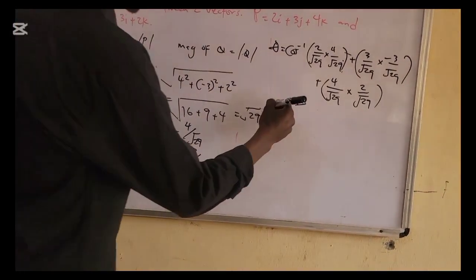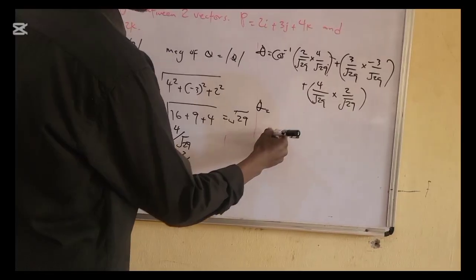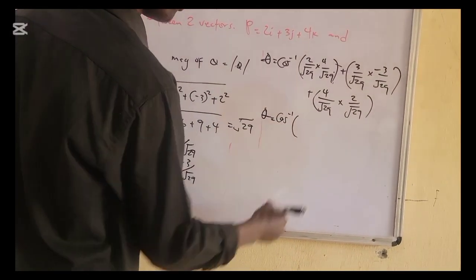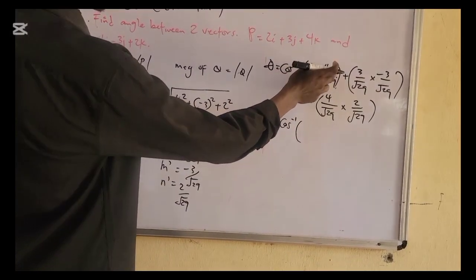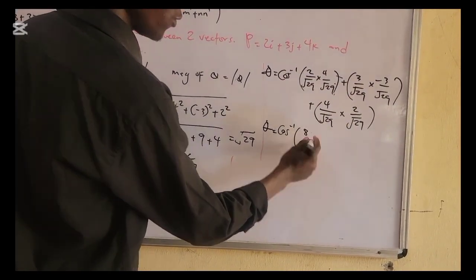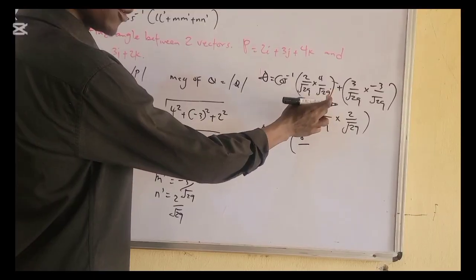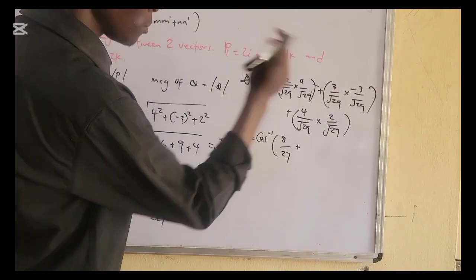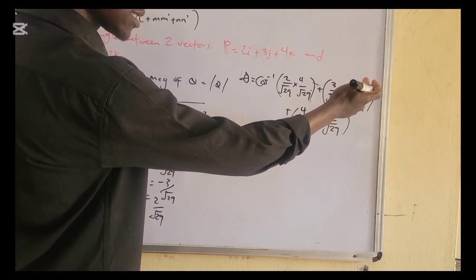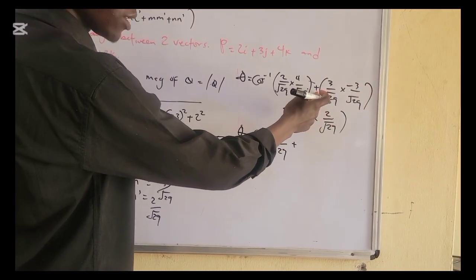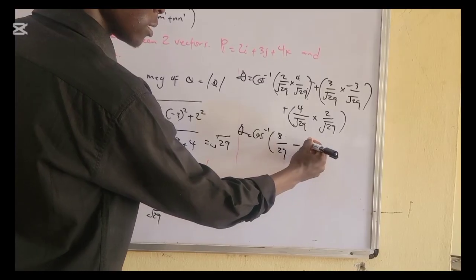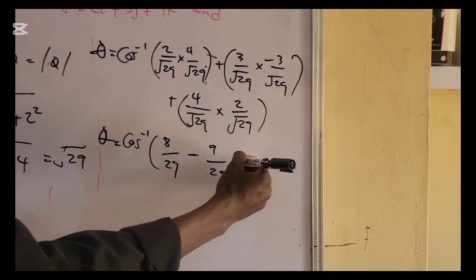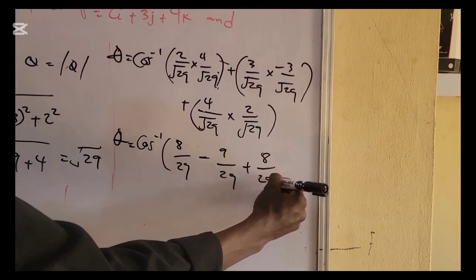Let's begin with the angle. 2 multiplied by 4 is 8, over root 29 times root 29, which is 29. Then 3 times minus 3 is minus 9, so plus times minus is minus, giving minus 9 over 29. Then 4 times 2 is 8 again, so plus 8 over 29.